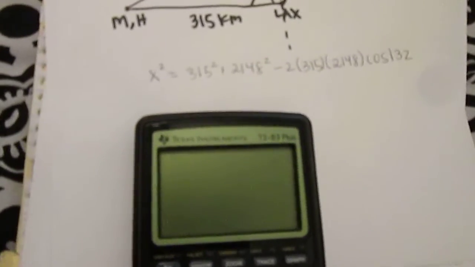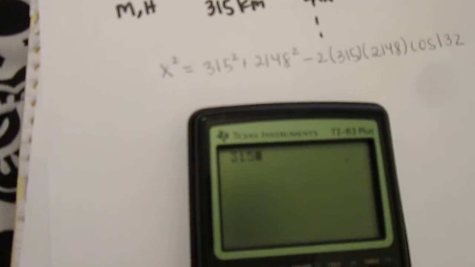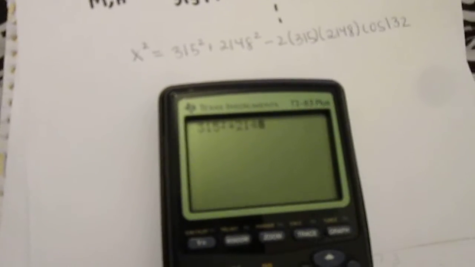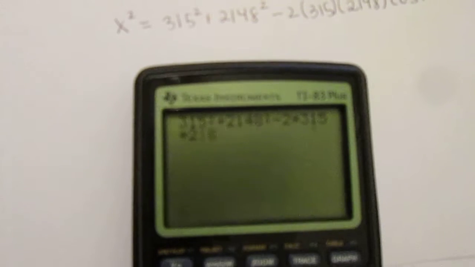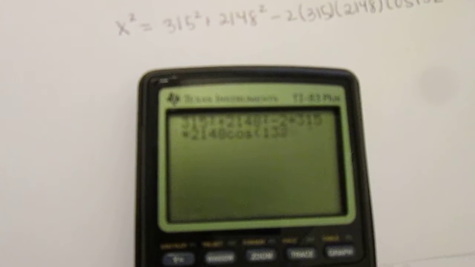We plug this in our calculator like this, straight across. (315) squared plus 2,148 squared minus 2 times 315 times 2,148 times the cosine of 132.